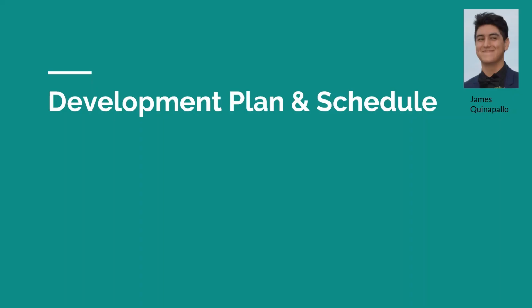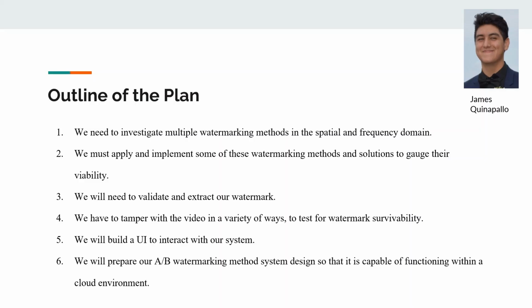Next, I'd like to go over our development plan and schedule. Here is an outline of our plan. First, we need to investigate multiple watermarking methods in the spatial and frequency domain. Second, we must apply and implement some of these watermarking methods and solutions to gauge their viability.